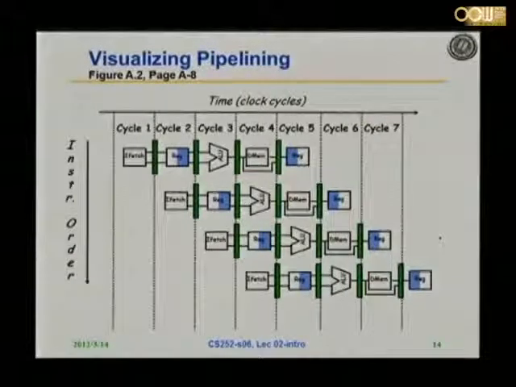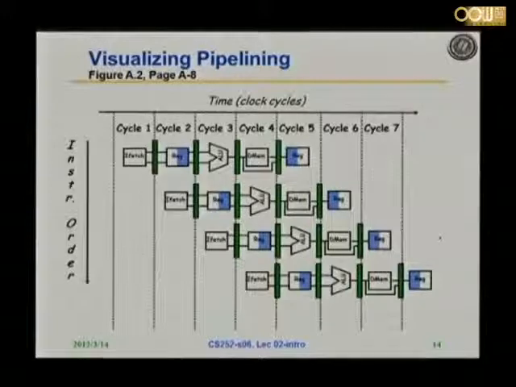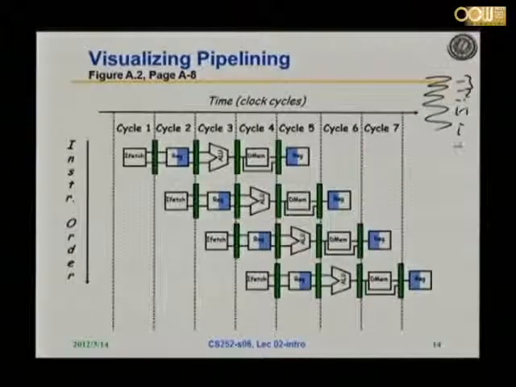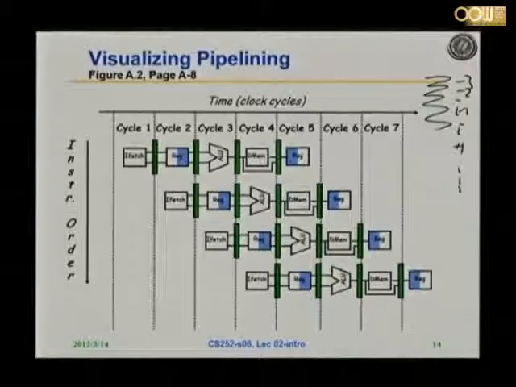So finally, let's see a bigger picture. If I have instructions I minus 1, minus 2, minus 3 in the instruction sequence, I minus 1, minus 2, minus 3, plus 1, and so on. Then, if this is instruction I, then the earlier instructions will be further ahead in the pipeline.